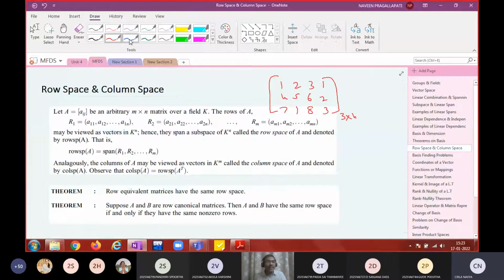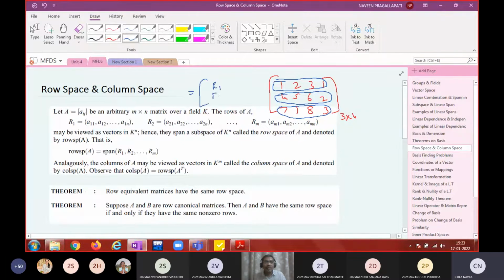You can see this matrix as a matrix of row vectors, R1, R2, R3. R1 is 1, 2, 3, 1. R2 is 4, 5, 6, 2. R3 is 7, 1, 8, 3.